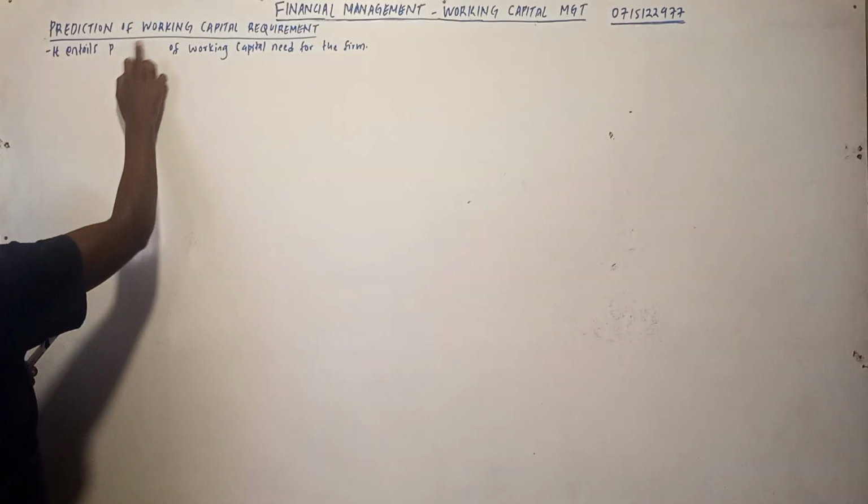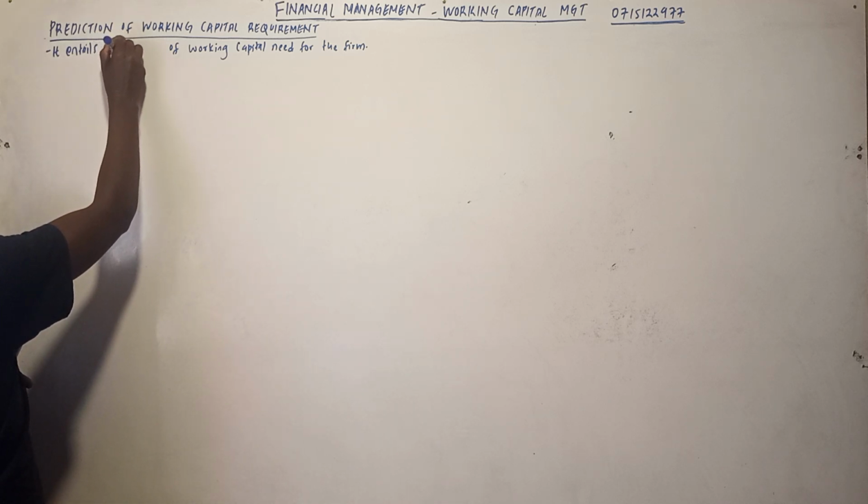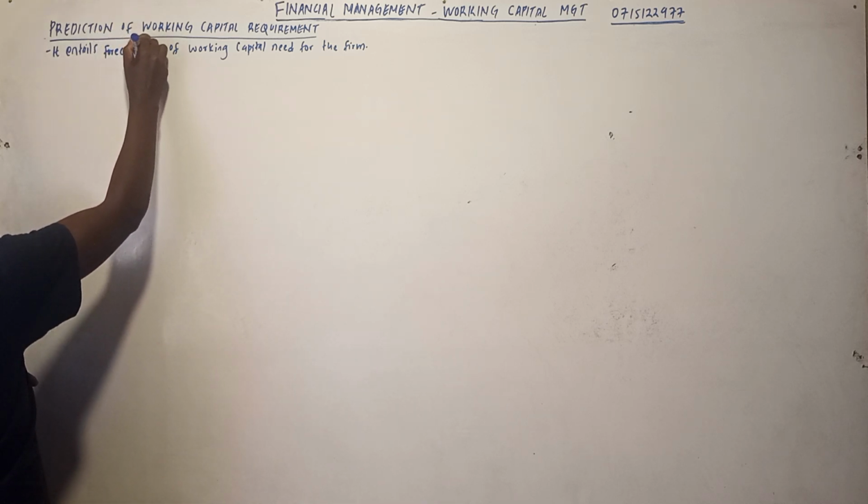So it entails forecasting of the working capital need of a firm. So that's the work of this topic or this subtopic. The important thing is we need to know how to forecast or to prepare the working capital need of a firm.